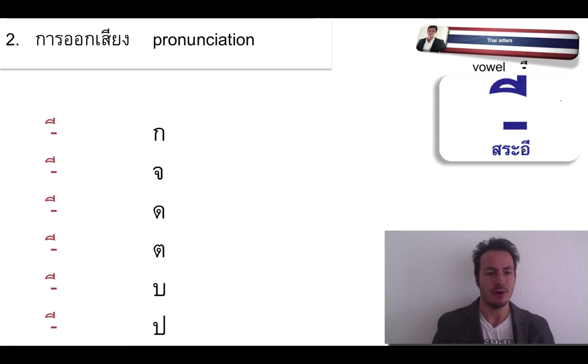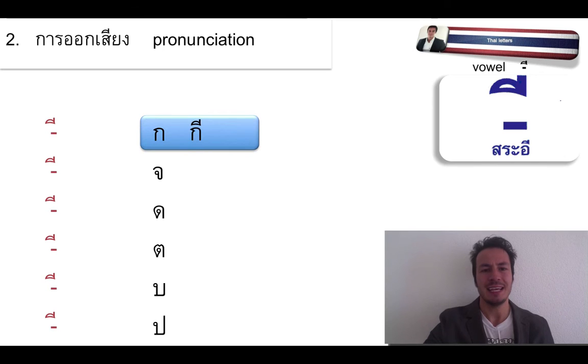Okay, let's now combine the E vowel with consonants. And here we have an array of middle class consonants again, from ga gai to ba ba, that we now would like to combine or to attach the E vowel to. Now, the first example, ga gai plus sara E, leads to the syllable gi.